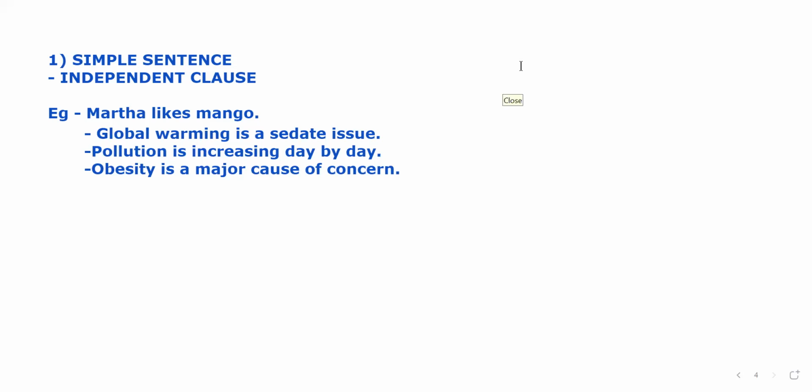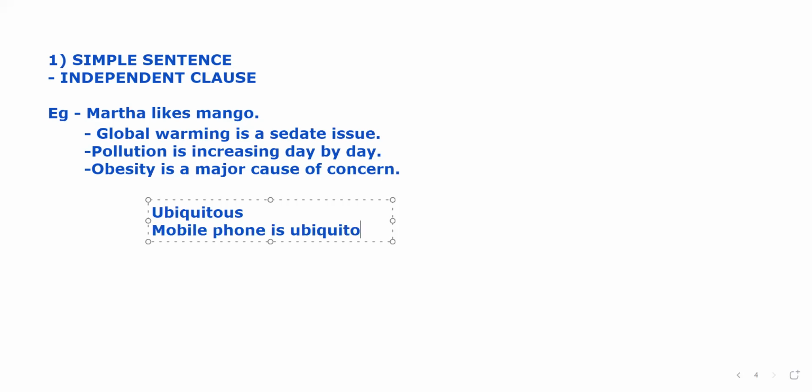All right, fine. Now, for example, if I am giving you some vocabulary words, I am giving you the word ubiquitous. This is a vocabulary word. If I ask you to make a simple sentence using this word, you could say: mobile phone is ubiquitous.